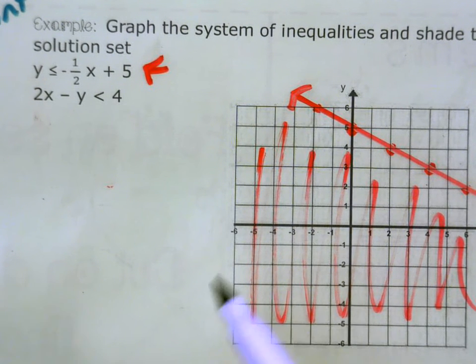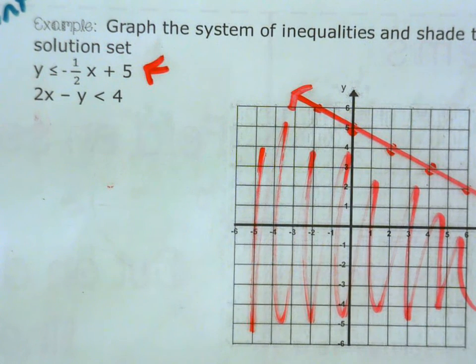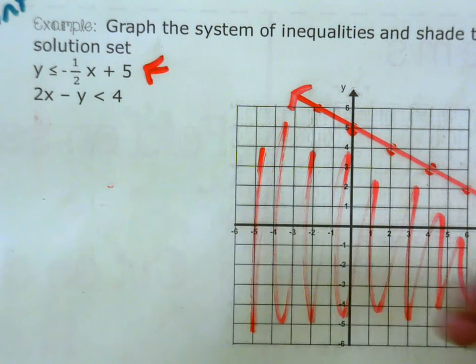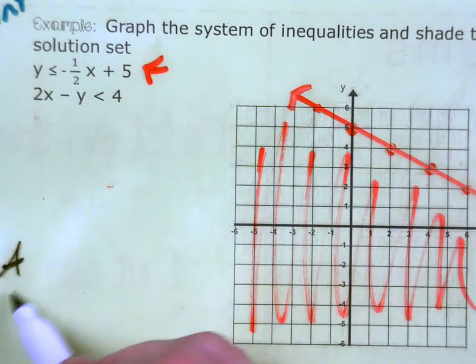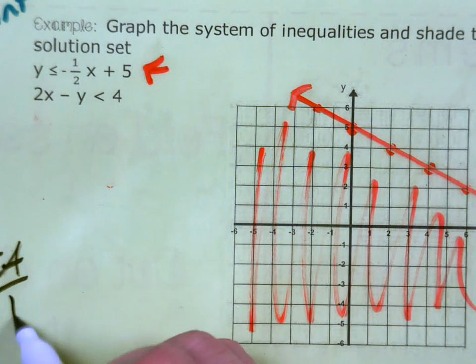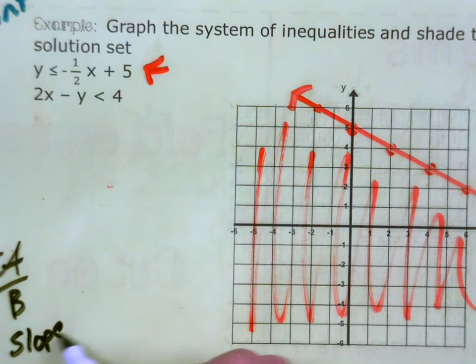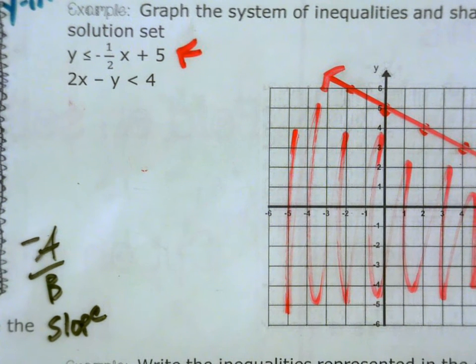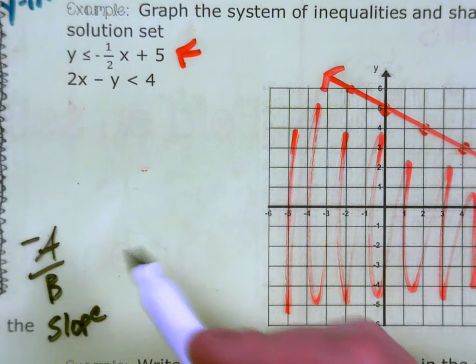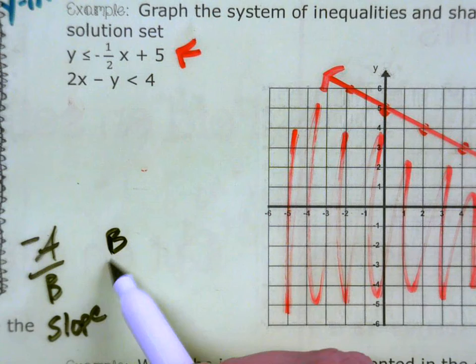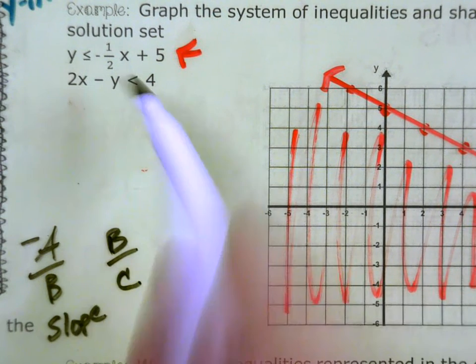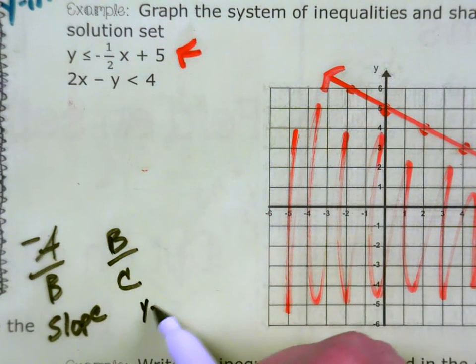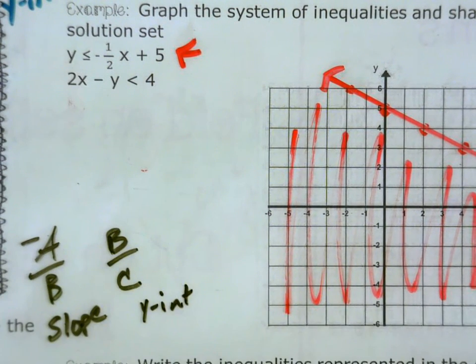You can use the CHIMP method, so you can use negative a over b to get the slope. Okay, and then what's the y-intercept? How do you get the y-intercept if you're using the CHIMP method? C over b, yep. So this is gonna give me my y-intercept, and that's gonna give me my slope.